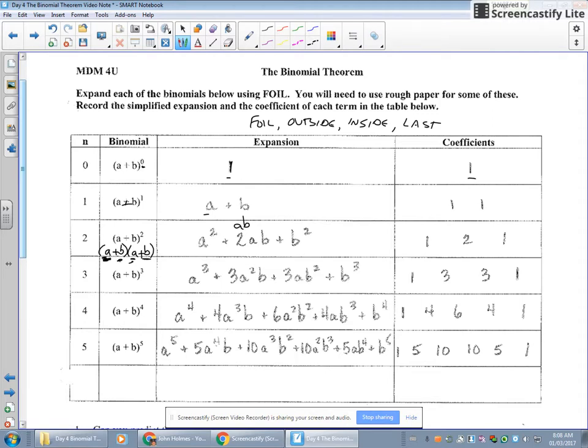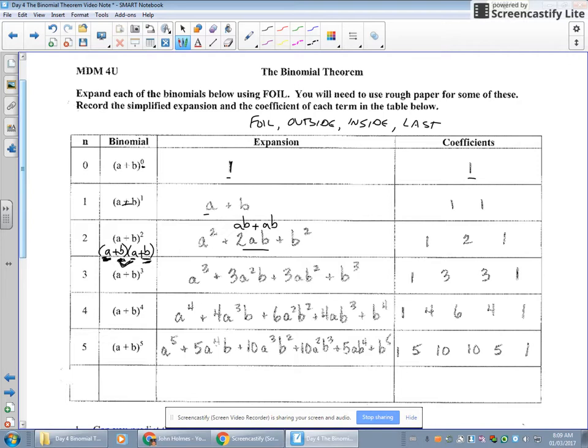And then the inside two, b and a, are the same as ab. We can see that ab plus ab simplifies to 2ab. And then the last two would be b times b, or b squared.